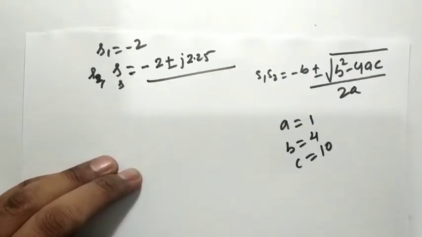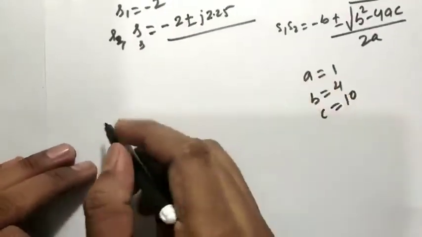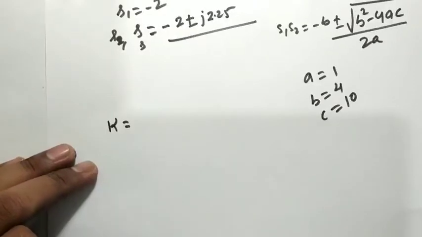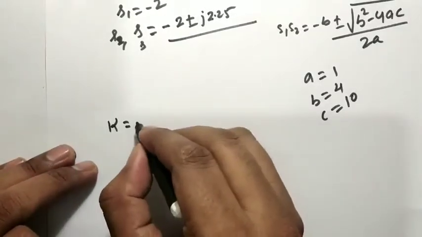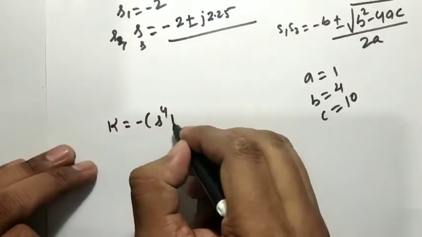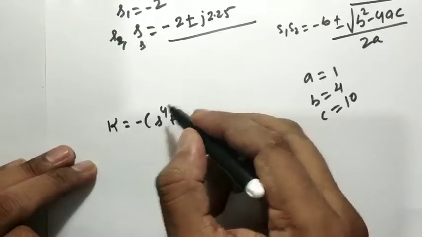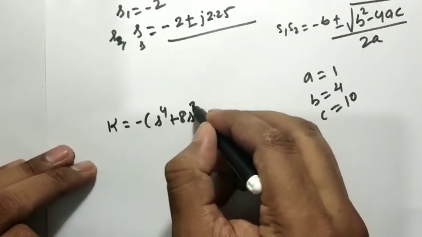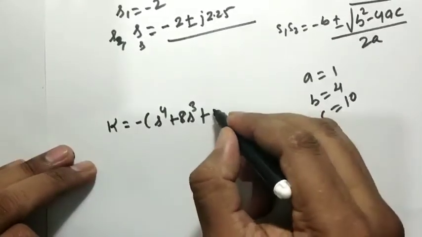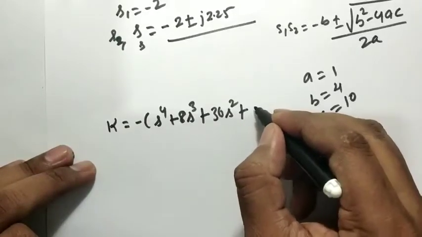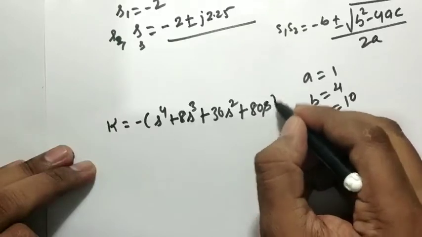So now what do you do? Your k value, what is k equal to here? K is equal to minus s power 4 plus 8 s cubed plus 36 s square plus 80 s.